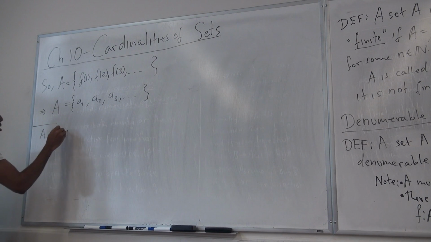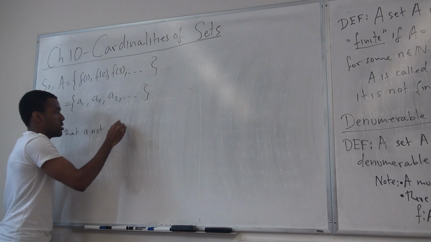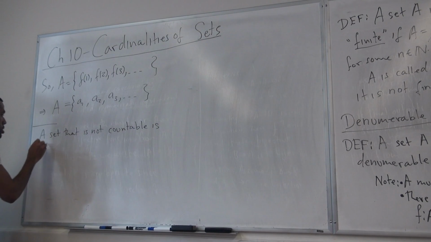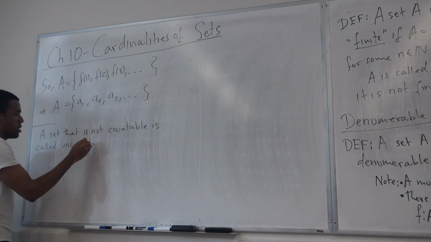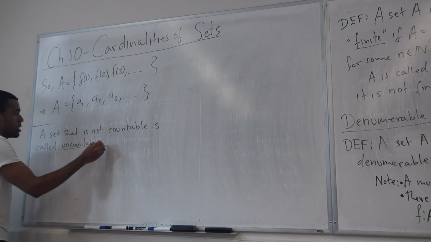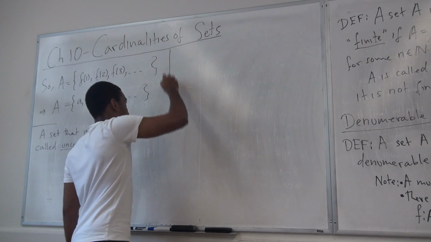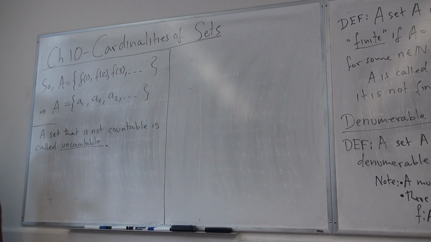A set that is not countable is called uncountable. Now these are the crazy ones. They are so infinite, you can't write them down in a list.